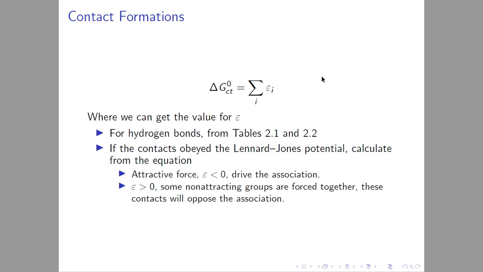Where can we get the values? For hydrogen bonds we can get them from tables 2.1 and 2.2 of our textbook, and from the Lennard-Jones potential. For an electric force with epsilon less than 0, the association is driven. For epsilon greater than 0, we have dissociation, meaning the dissociation will be higher.